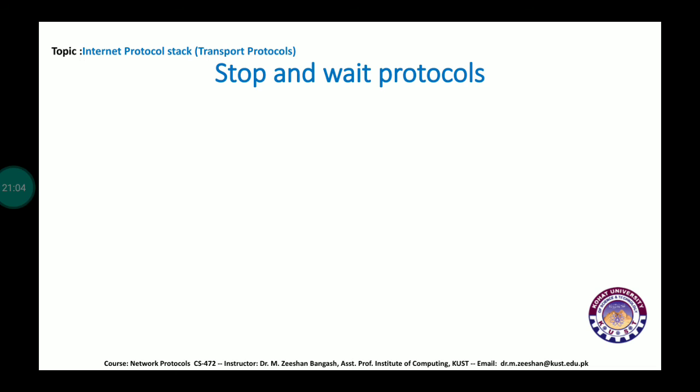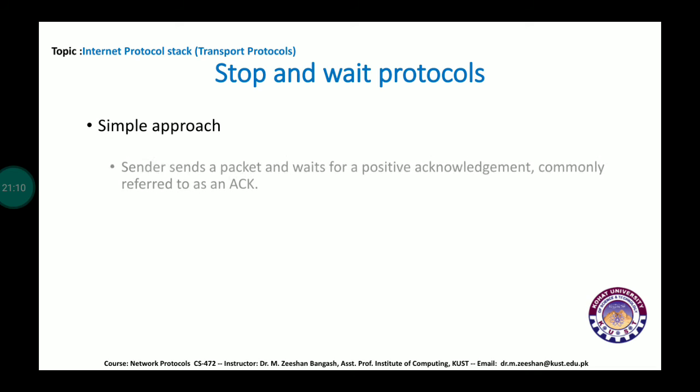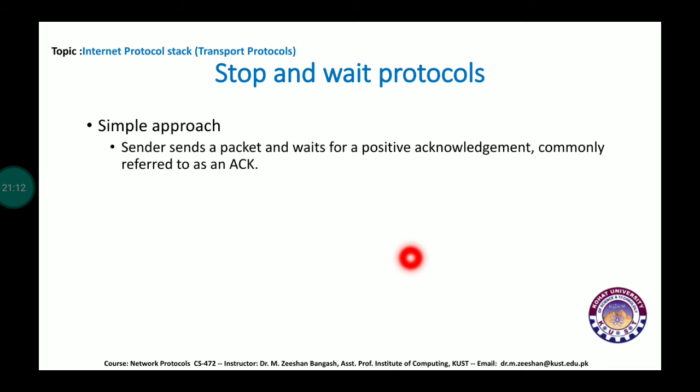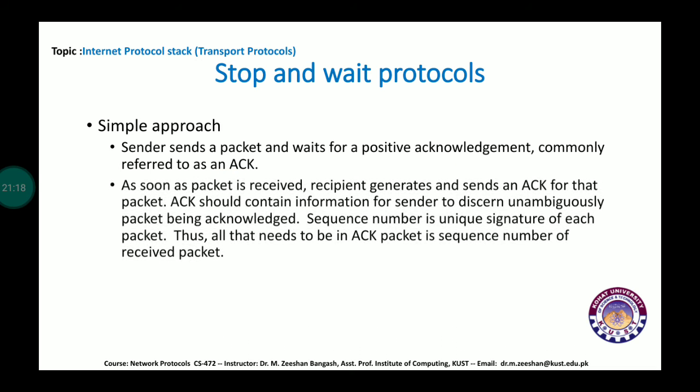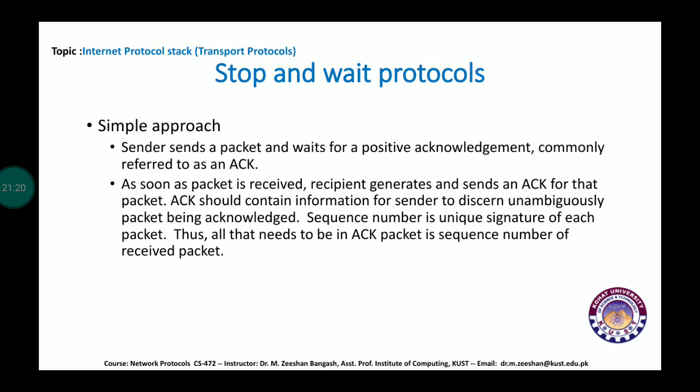Let's consider a simple transport protocol, which is the stop and wait protocol. How it works is very simple: the sender sends the packet and waits for a positive acknowledgement, commonly referred to as ACK. As soon as the packet is received, the recipient generates and sends an acknowledgement for that packet.